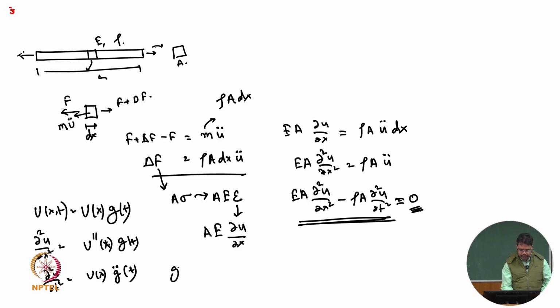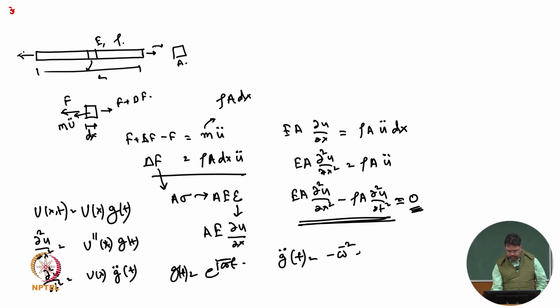So can I write that g of t equal to e to the power of I omega bar t? Omega bar is the excitation frequency. Can I write it? Yes. If I can write it, then look, what will be g double dot t? Minus omega bar square e to the power of I omega bar t. Agreed?